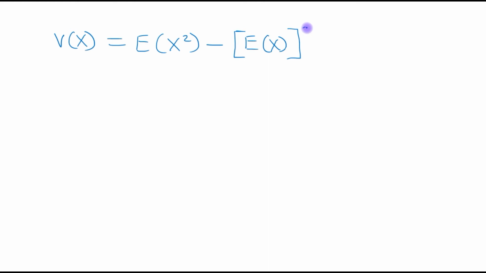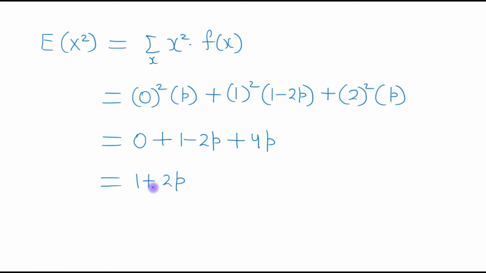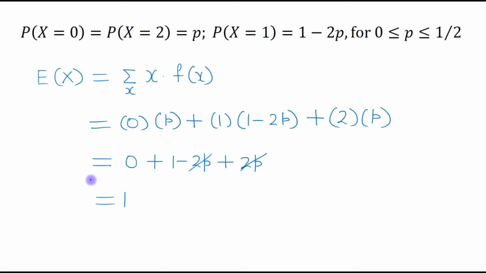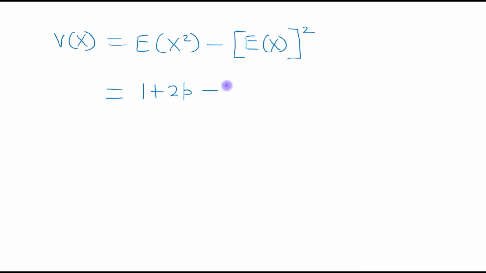Now variance of x, which is expected value of x square minus (E(x)) whole square. So E(x square) was 1 plus 2p. We will write 1 plus 2p minus E(x), E(x) is 1, so 1 whole square.